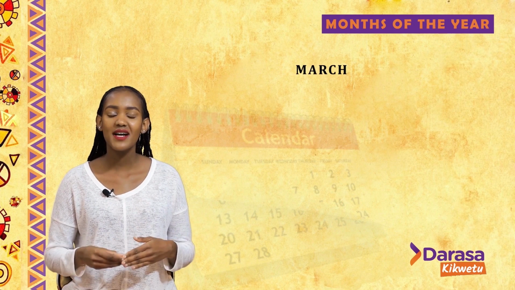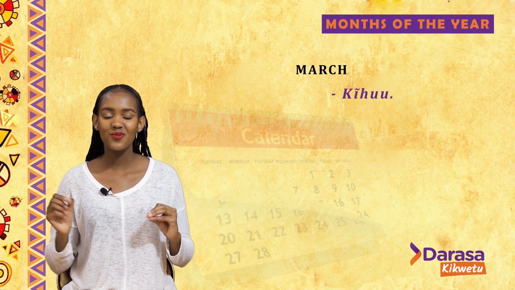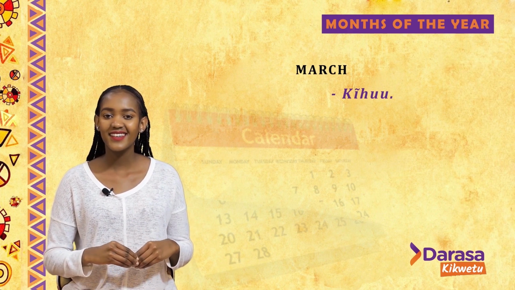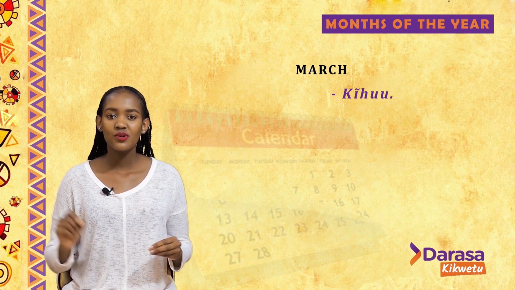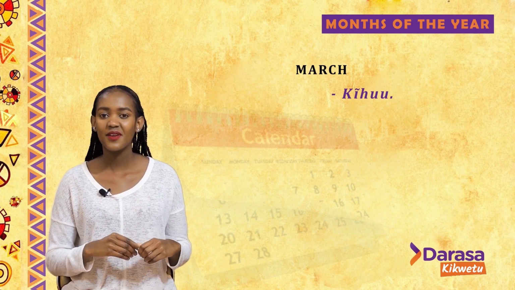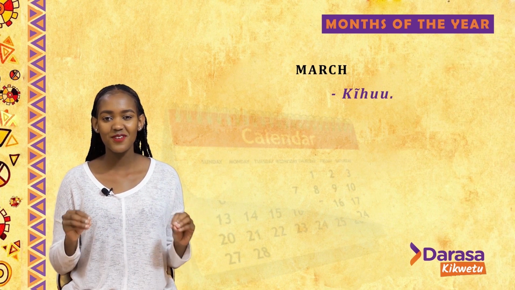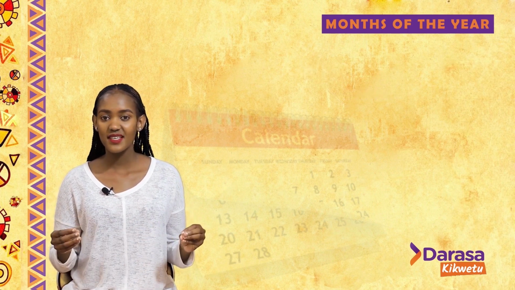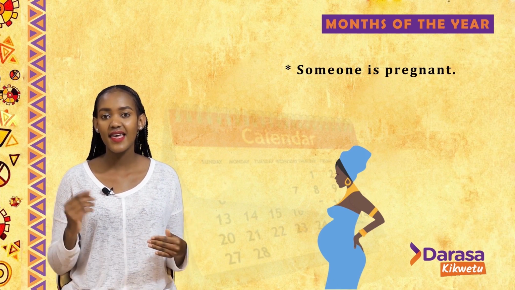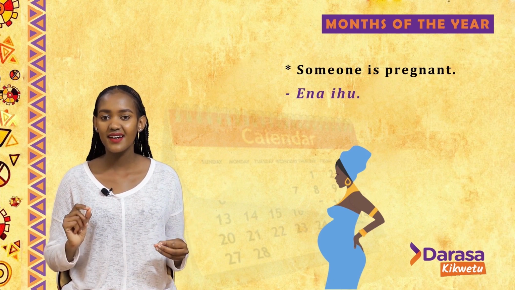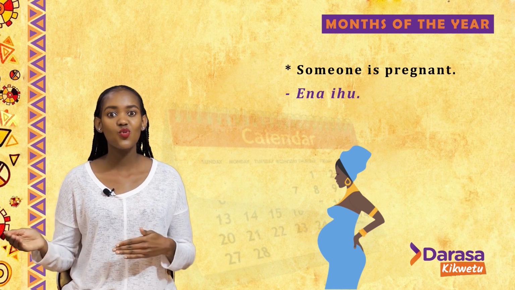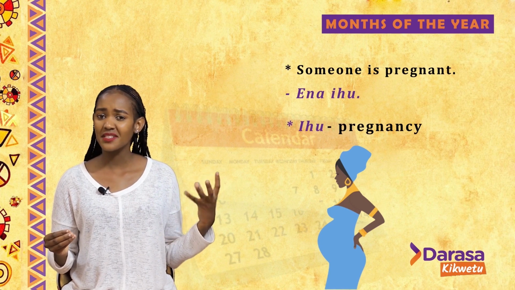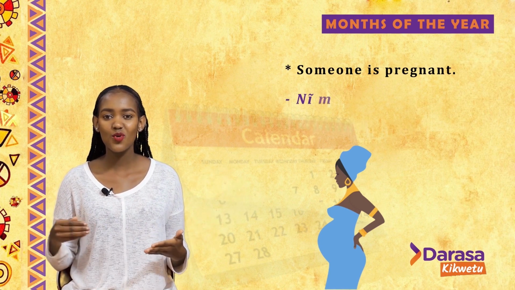So March is known as Kehu. Again, Kehu. So that is actually my favorite name because it's funny. You know, in Kikuyu, when we say someone is pregnant, we say Ena Ihu. Ihu is pregnancy. But then it also sounds a bit rude, so we say Nemorito.